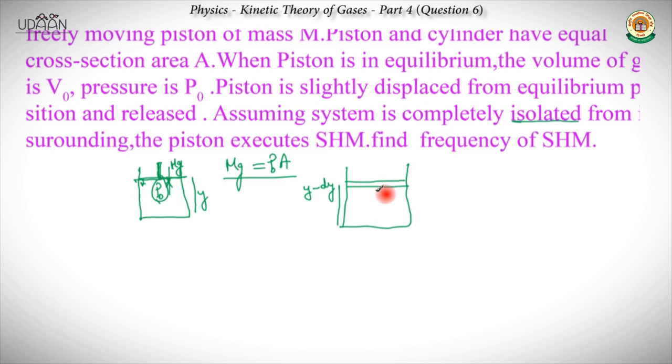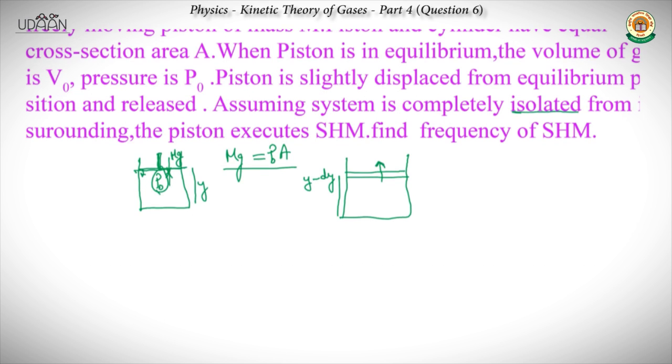So this pressure changes a little bit, because of which a resultant force would be there. A resultant force and resultant acceleration would be there, and we have to measure that resulting force or acceleration, and using that we are going to find that it would be an SHM, and then we can find the frequency.